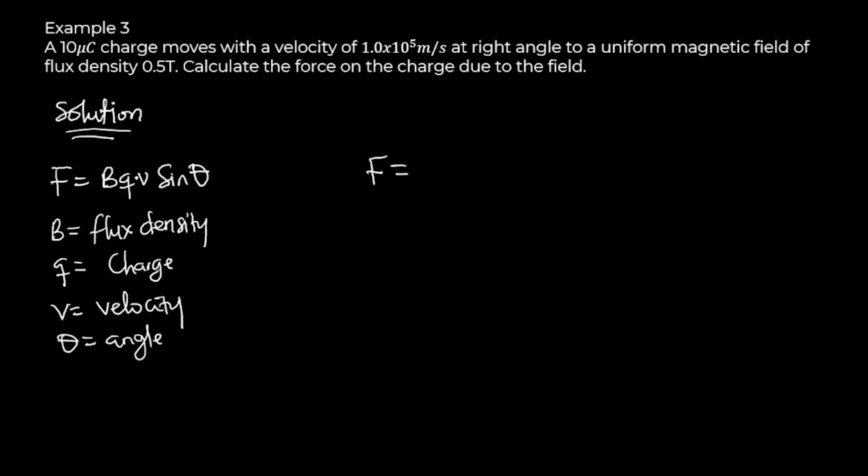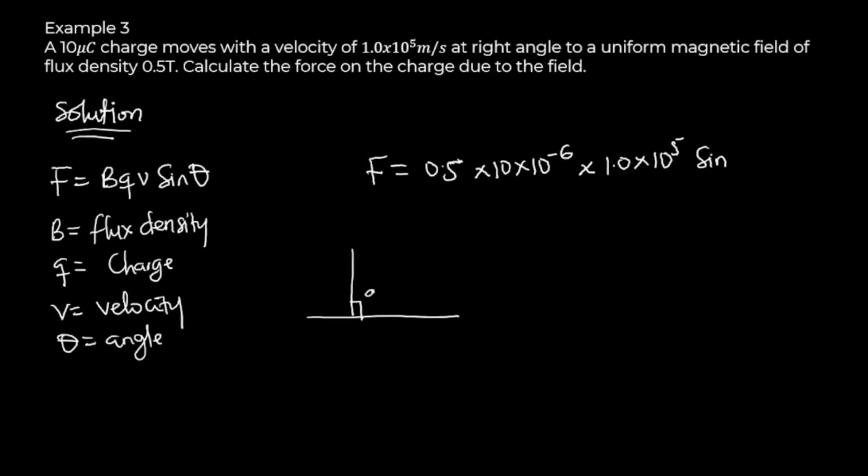So our force is equal to B, the flux density, which is given to us as 0.5 Tesla, multiplied by the charge, which is 10 times 10 raised to the power minus 6 coulombs, multiplied by the velocity, which is 1.0 times 10 raised to the power 5 meters per second, multiplied by sine of the angle. The angle, they said, is right angle to a uniform magnetic field. Now, when you have a charge moving at a right angle to a uniform magnetic field, the angle associated is 90 degrees. So our angle over here is 90 degrees.